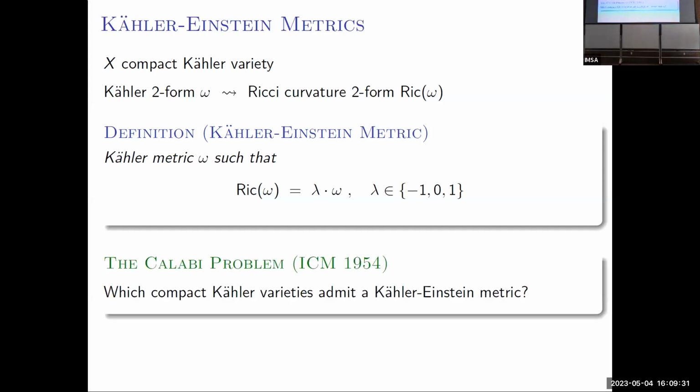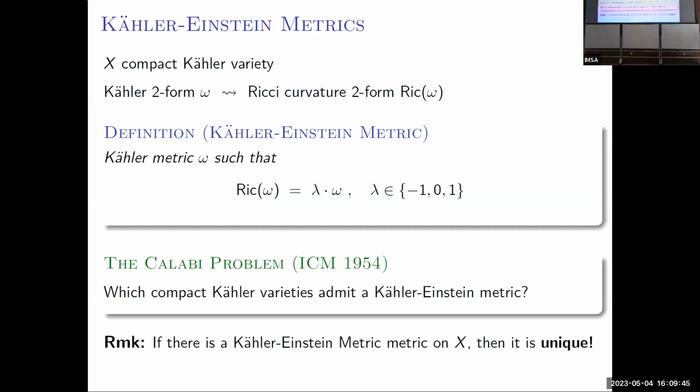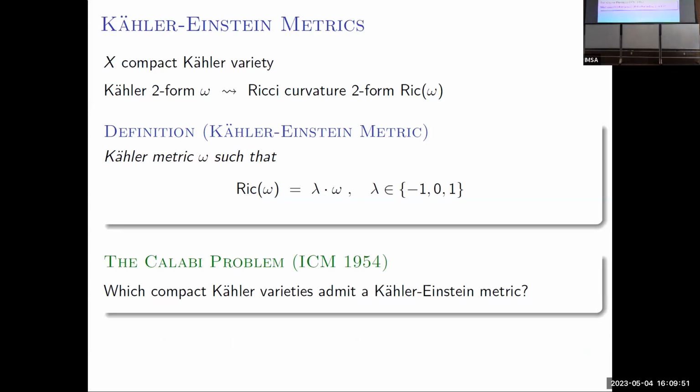And this was the problem that was posed by Calabi and advertised in his 1954 ICM lecture: which compact Kähler varieties admit a Kähler-Einstein metric? If this metric exists, then it is unique, so it is canonical in this sense.